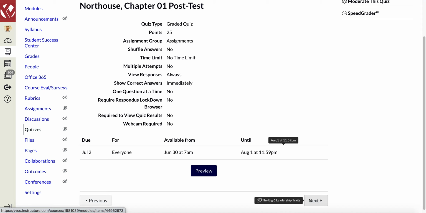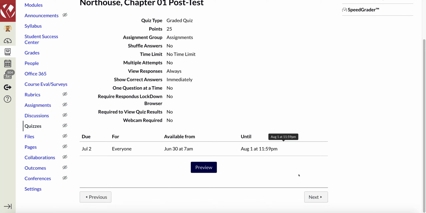But I will tell you what, just so you know what is going on here. You have the due date here, you have when it's available, and if you ever see that it's open a little bit later than the due date, that means that, hey, you can still take that. Okay, so in this case, this would still be open. And most of the time, the due date and the until date are actually going to be the same. So at any rate, that gave me a chance to point that out for you.